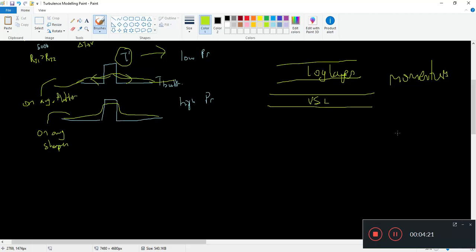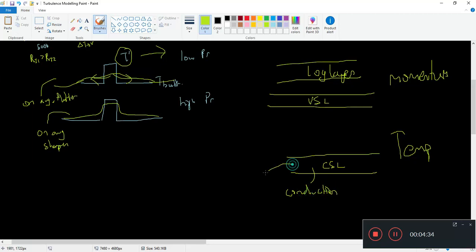For temperature, you have something similar. We call this the conduction sublayer, because over here the alpha T goes to 0, and the main mode of heat transfer is just conduction, the natural thermal diffusivity.